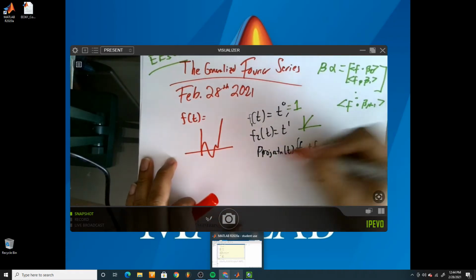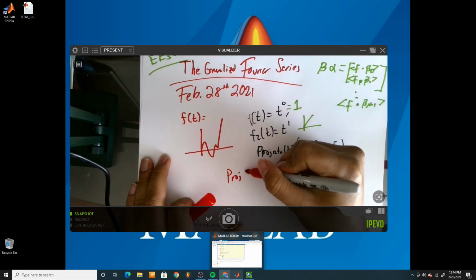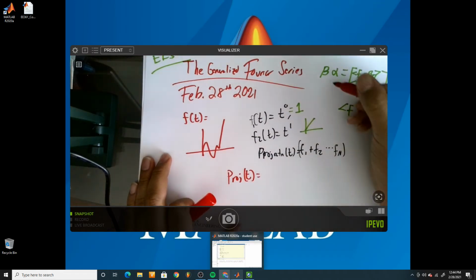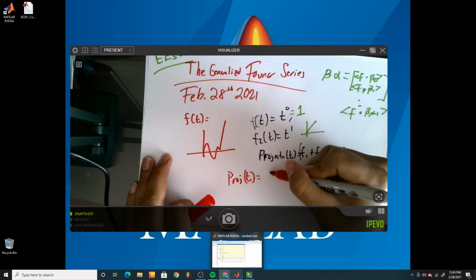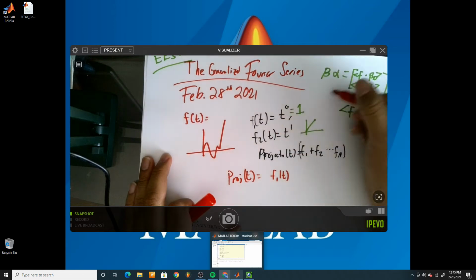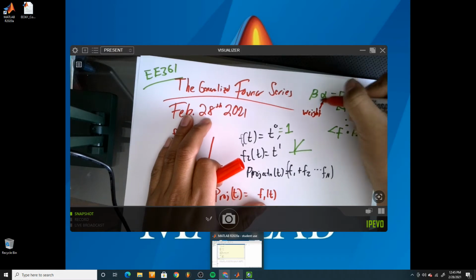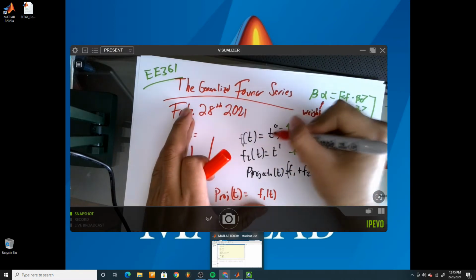Our projection is, I'll just call it proj of t, which is basically equal to f of 1, our function 1, times some weight. I'll just call it some weight. Like this is like, okay, how much of this function do we need?